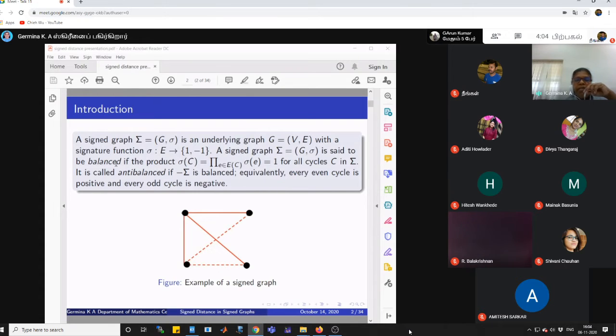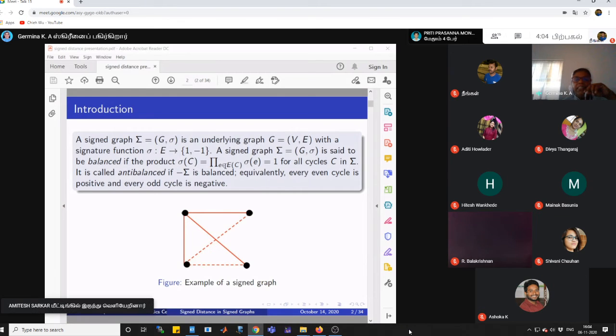We say a signed graph Σ is balanced if the product of its edges on each cycle is positive. How do you compute the sign of the cycle? You just take the product of the signs on the edges. That is, σ(C) = ∏ σ(e) over e in E(C), which equals 1 for all cycles C in Σ.